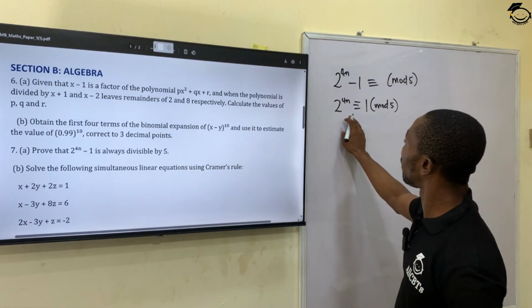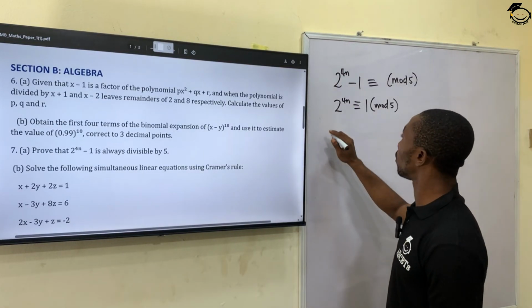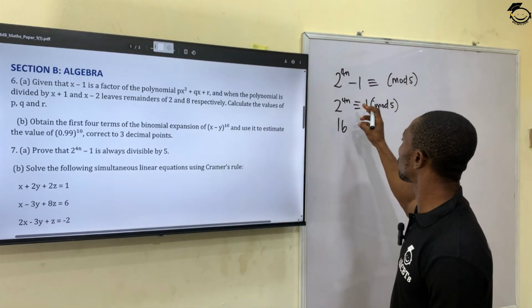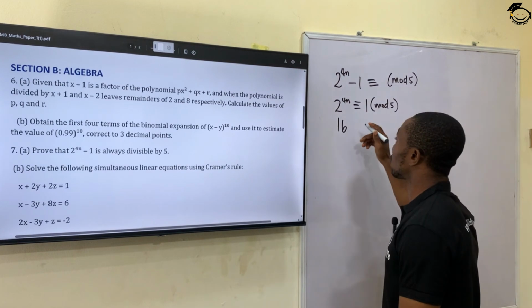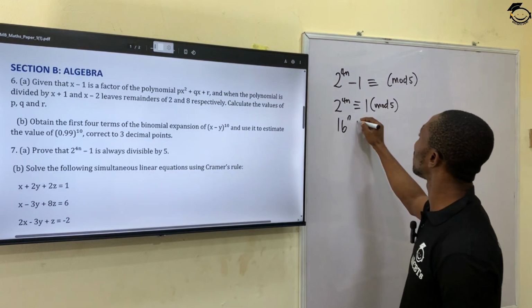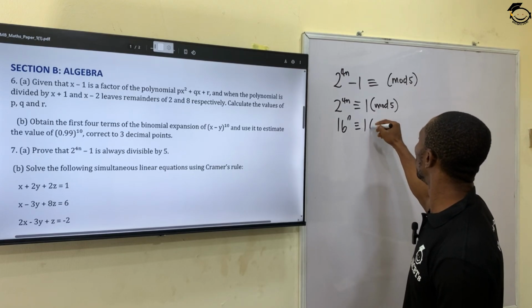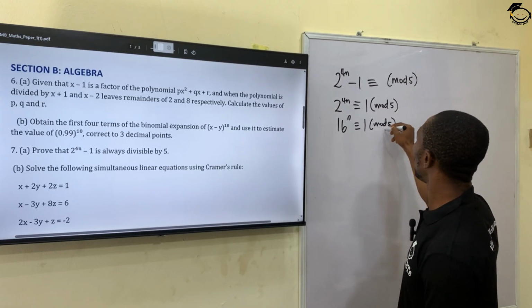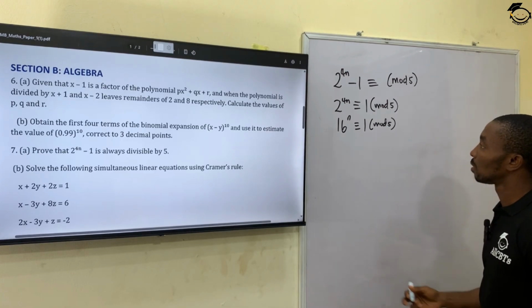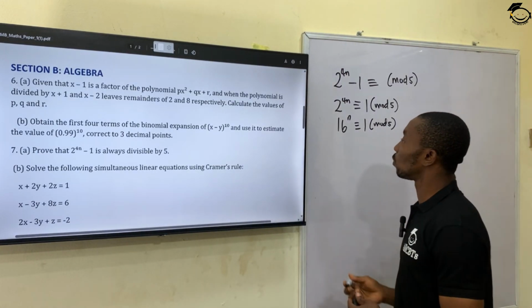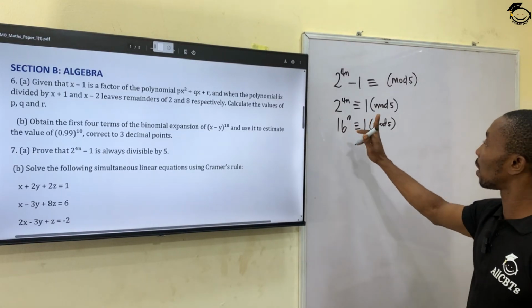Now, looking at this, 2 raised to power 4 will give us 16: 2 times 2 is 4, 4 times 2 is 8, 8 times 2 is 16. So 16 raised to the power n equals 1 mod 5. Now, if we divide 16 by 5, it will divide 3 times, remainder 1.